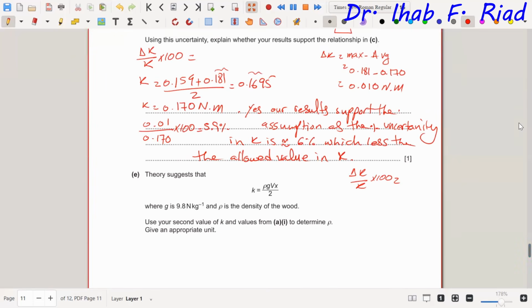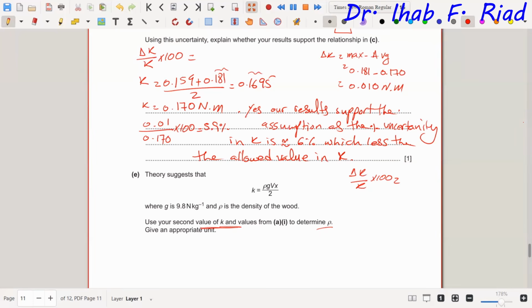Yes. Okay. He's telling us now, theory suggests that k is equal to rho g v x over 2, where g is given and rho is the density of wood. Use our second value of k and values from a to determine rho.